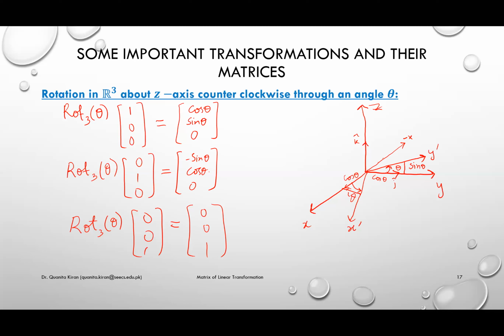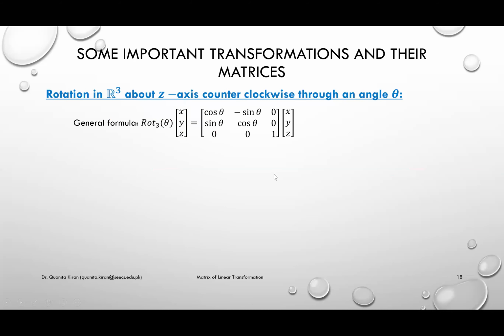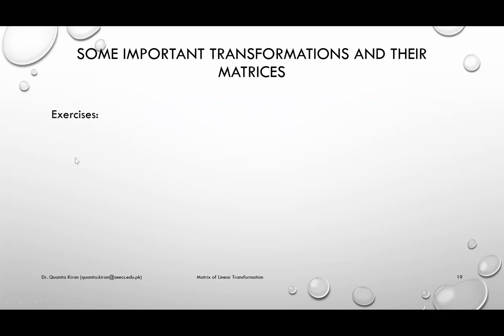If we write these three vectors as the columns of a matrix, then we obtain the rotation matrix in 3 dimensions. This is the general formula. You can multiply it and write it in simplified form.